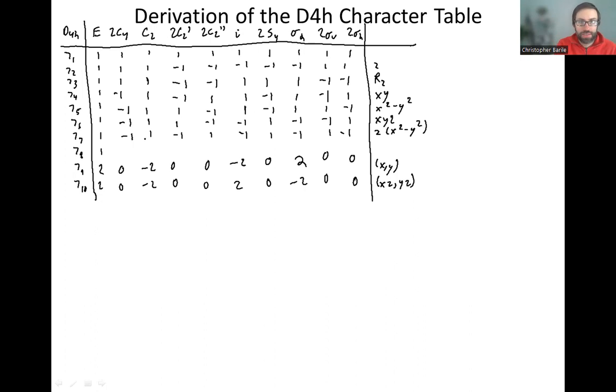And so at this point the thing to do is just to look for patterns, and we're trying to figure out what this is, not using a function, but using some other character table rules. The best character table rule to use here is the orthogonality principle.